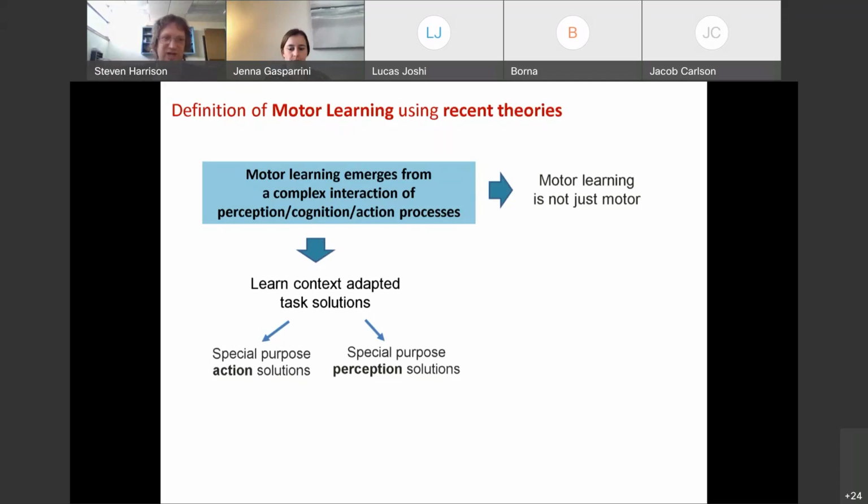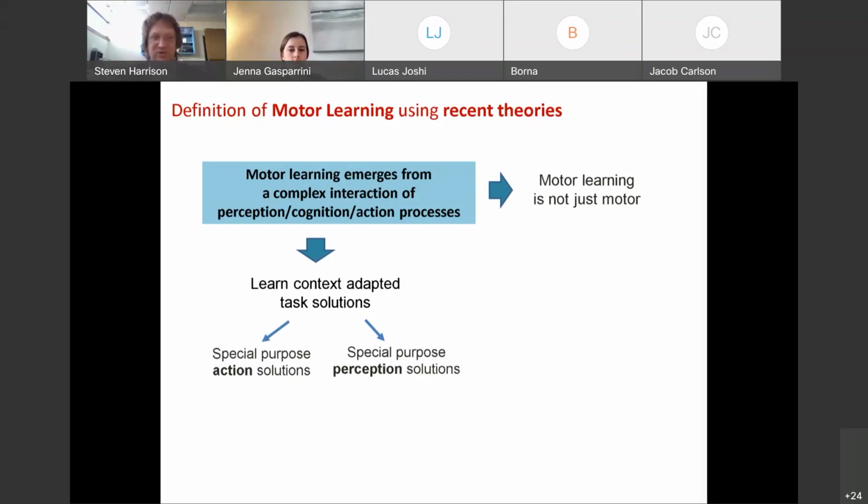In learning a skilled action, especially, what's going to be learned might be a special purpose action solution, a way of organizing the muscles of your body, a particular configuration of synergies that would allow you to solve a particular action task that exists in a particular context. In the same way, we can think about special purpose perceptual solutions, that you can learn to detect information that's relevant to you solving a particular task in a particular context.